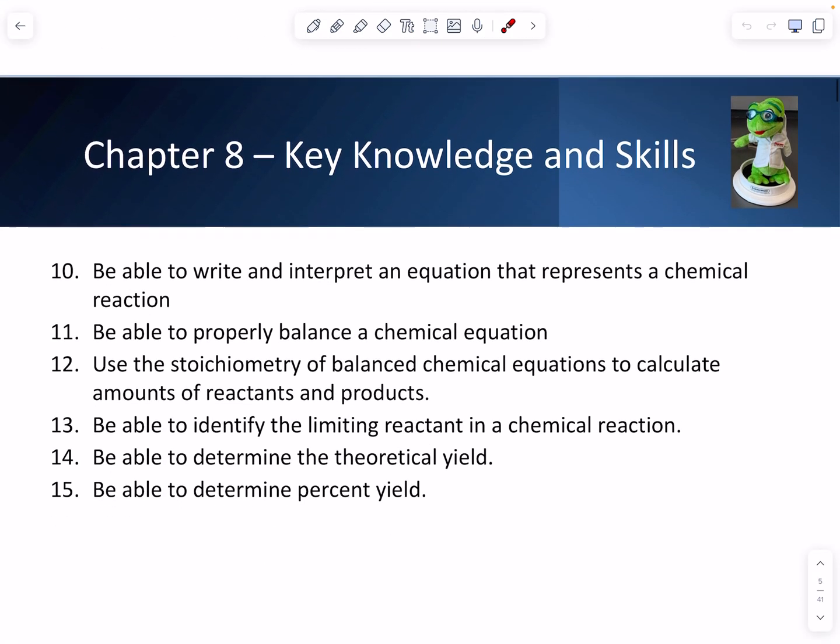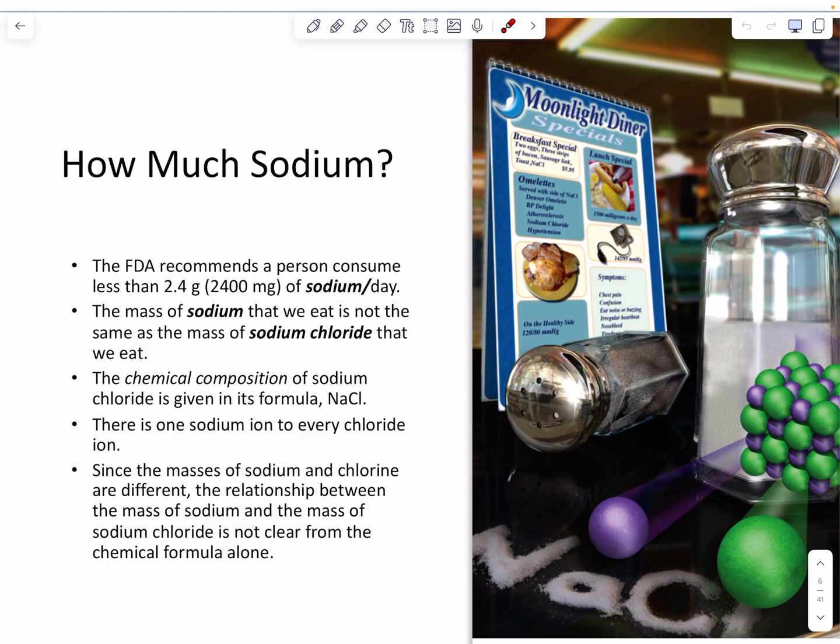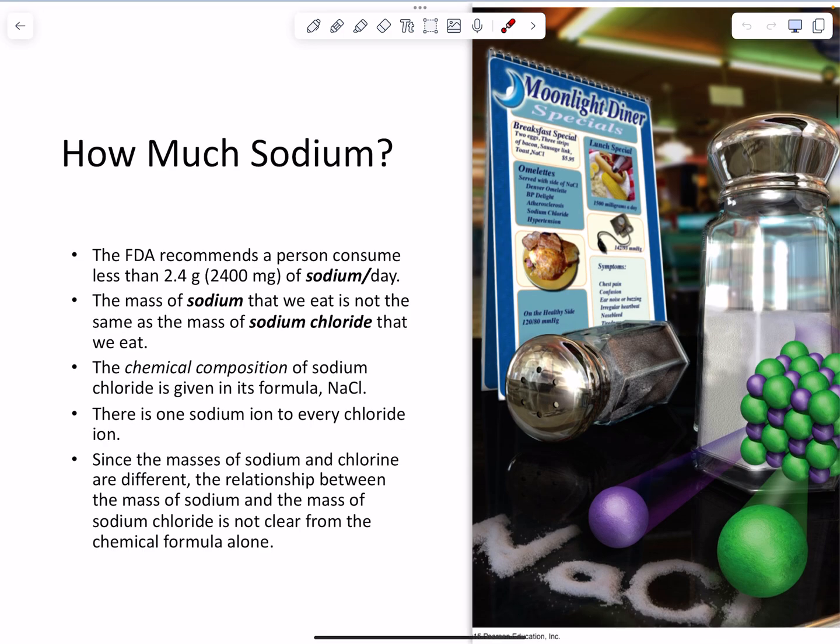So we're going to frame this in chemical terms now, moving away from the ice cream. We're going to talk about sodium in the diet. In my family, high blood pressure is a thing. Low cholesterol is a thing.